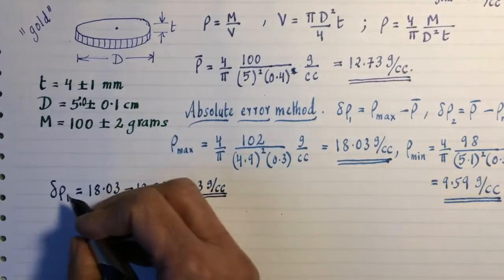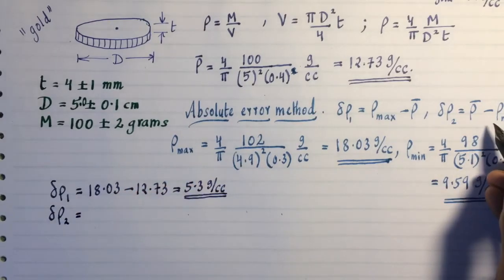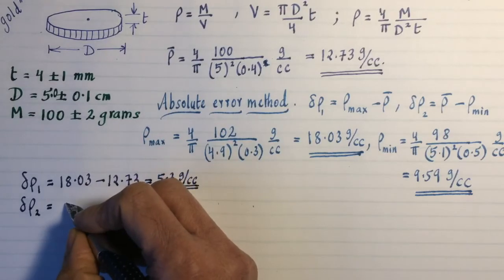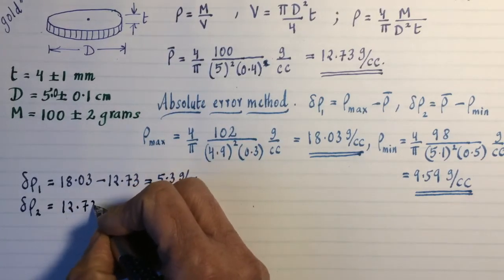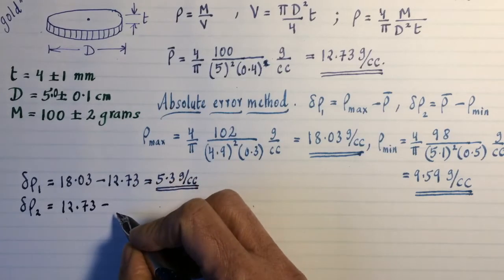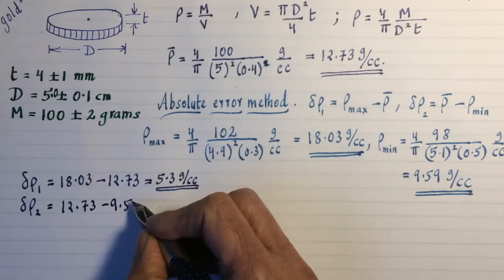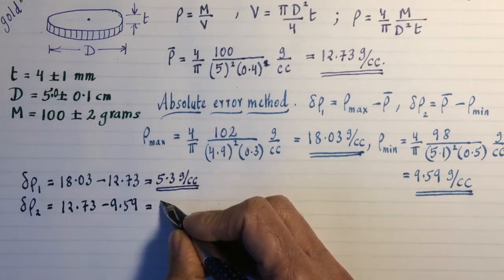Let's find out what delta rho 2 is. That's the method of subtracting the minimum value from the average value. So the average value is 12.73, and if I subtract the minimum value from it, I get 3.14.